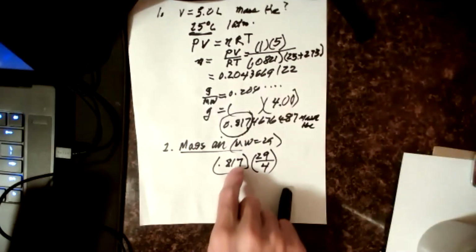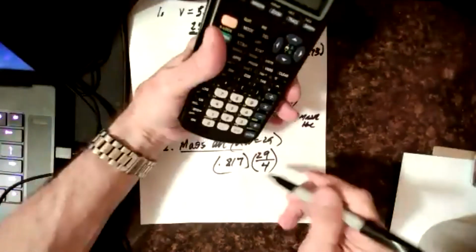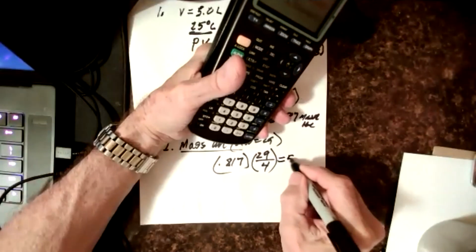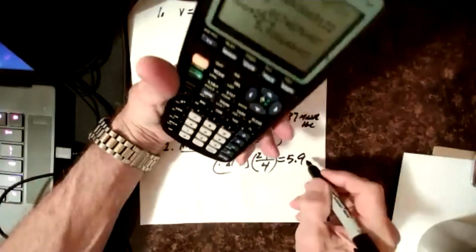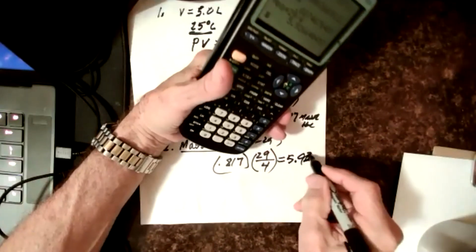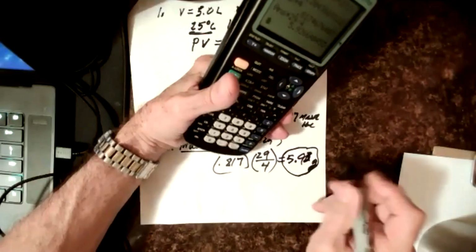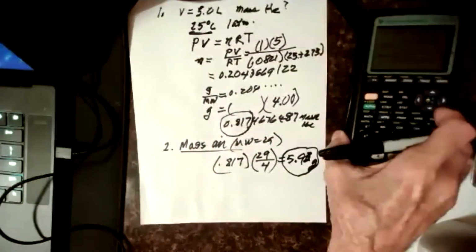So I've got that number there on my screen. If I multiply that by 29 and divide it by 4, that gives me 5.93 to 3 significant figures. So that's how many grams of air it would take.